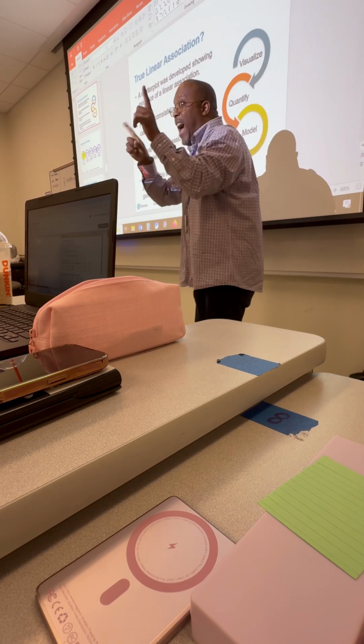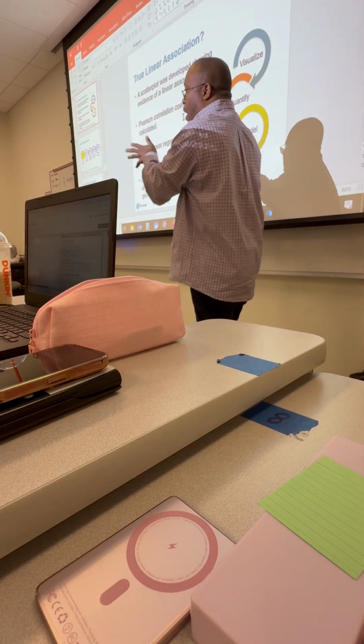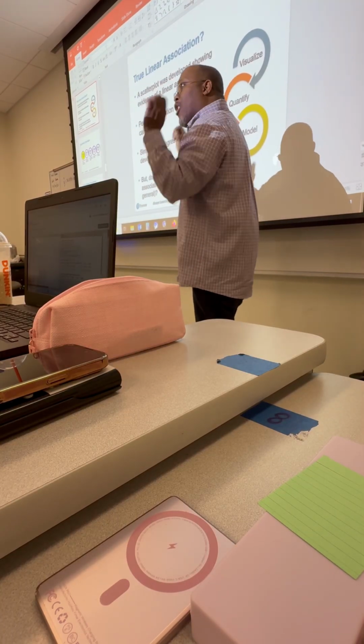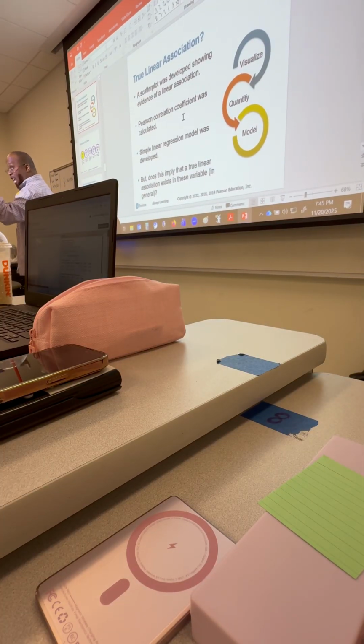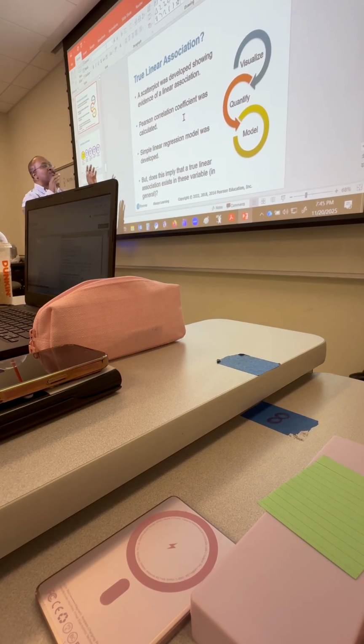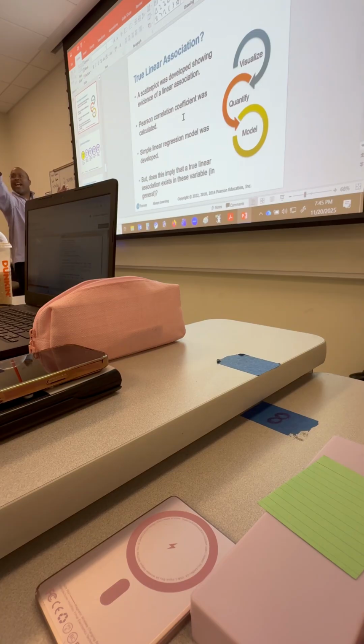But what we have not done yet, which is the epitome of all of this, is can we conclude that there is a significant relationship between X and Y? We have just shown, with a correlation, a scatter plot, and this regression model, that there is a linear association between X and Y of the sample data.